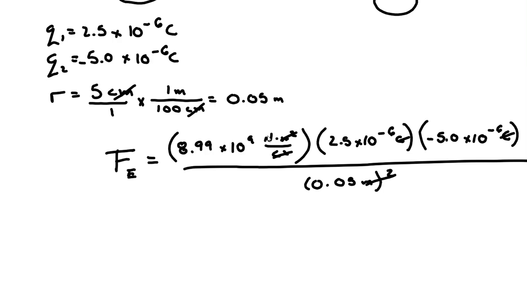So let's see if I can not mess this up as I put it into my calculator. As I do, I'm going to put in 8.99, open parentheses, 8.99 EE to the 9th, close parentheses, open parentheses, 2.5 EE to the negative 6th, open parentheses, negative 5 E to the negative 6th.